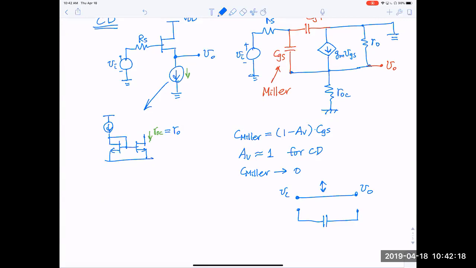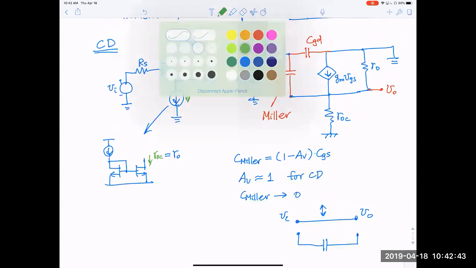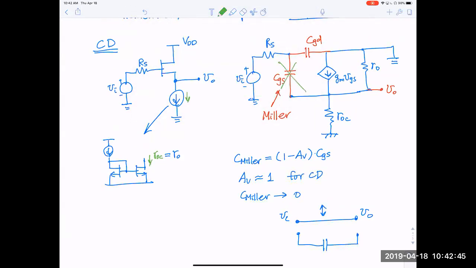Both sides always have the same voltage. Therefore, the capacitance is as good as not present. It's not there. So it's a nice effect of the Miller effect. Once we remove that, the circuit becomes simple. We can use the same circuit drawing and just take out this capacitance, because the Miller effect is almost 0 now.